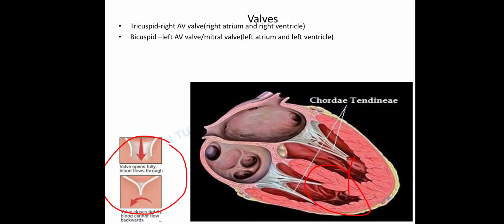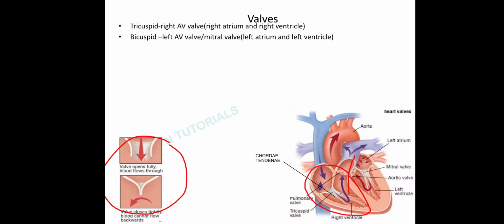These tendinous cords hold the valve and prevent the backward movement of the valve. So they hold the valve properly, so the valve cannot move backward and there is only a unidirectional flow of the blood. So these chordae tendineae are a group of tough tendinous strands in the heart.